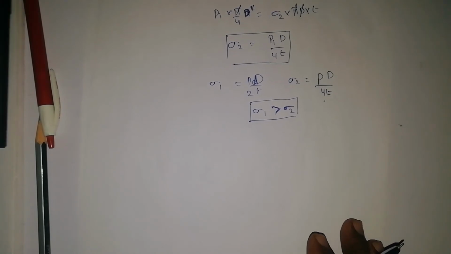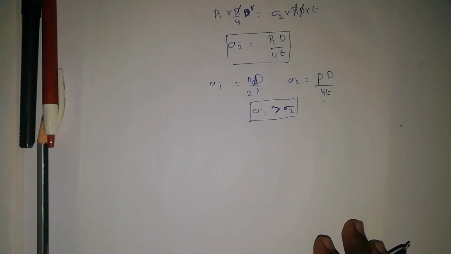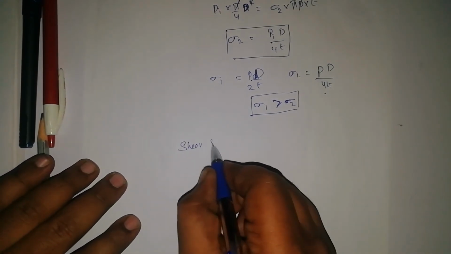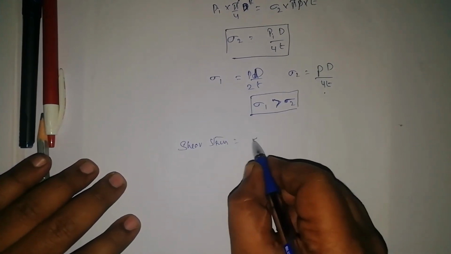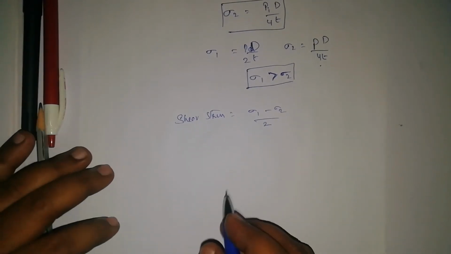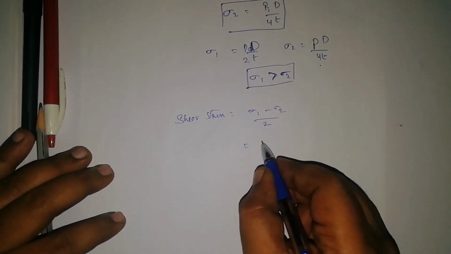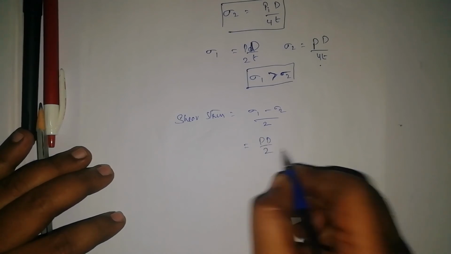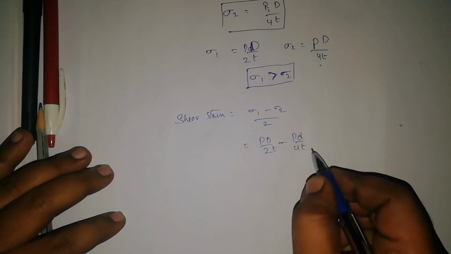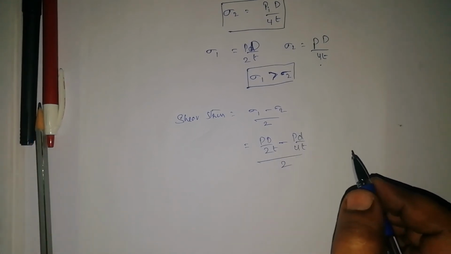Now, there is also another stress which is called shear stress. What is this shear stress? It is the difference of sigma 1 and sigma 2, that is P capital D divided by 2t minus P d divided by 4t, whole divided by 2.